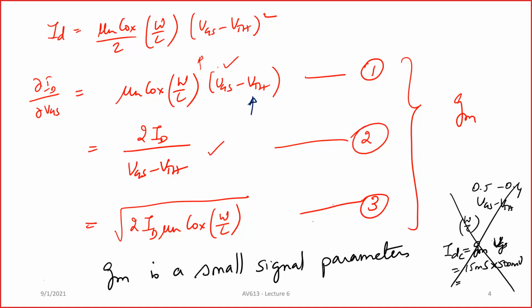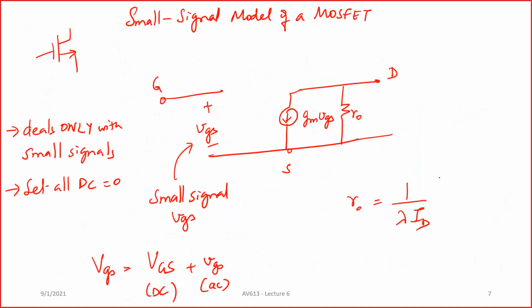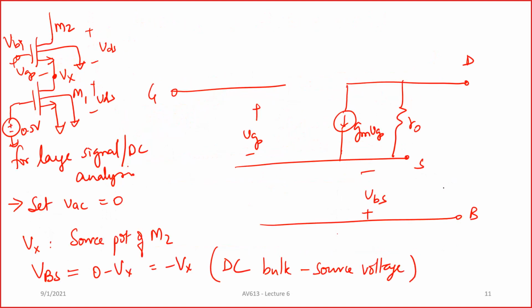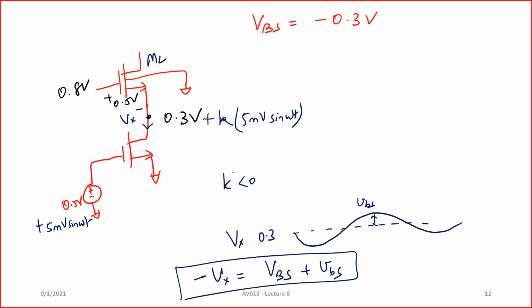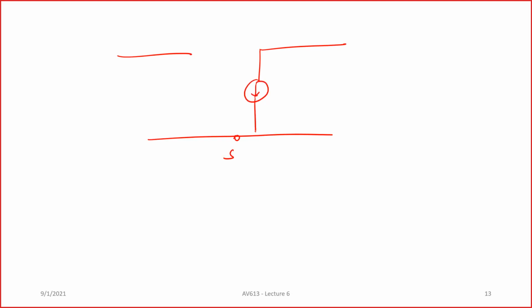Okay. So the way it is modeled is, and also there is one more thing. You can see that VBS is in this particular polarity. So we are going to model this as one more additional component. Let me draw it here. Let's say this is your source. This is GM VGS.